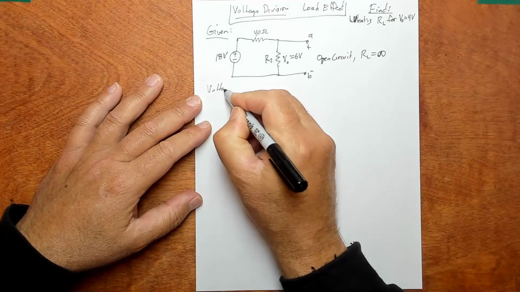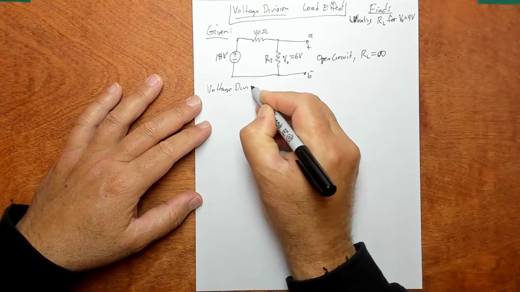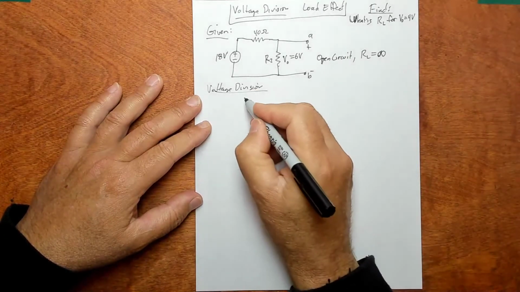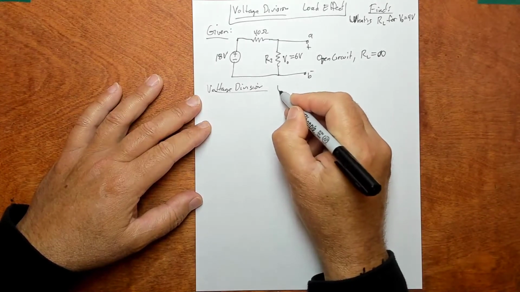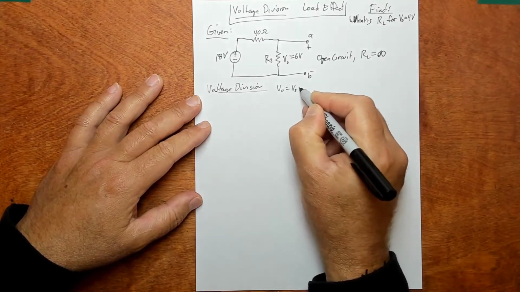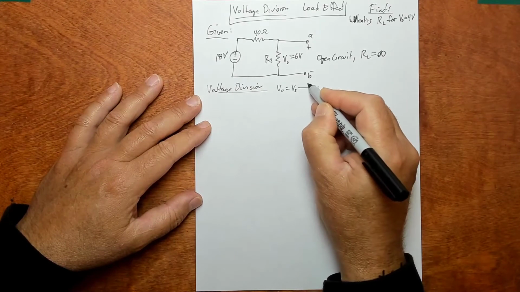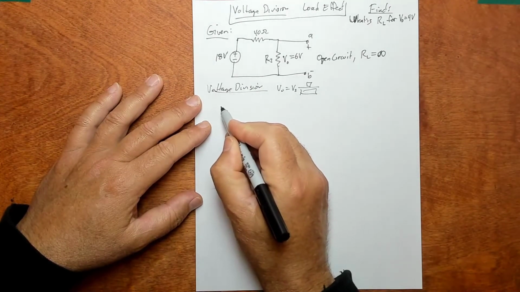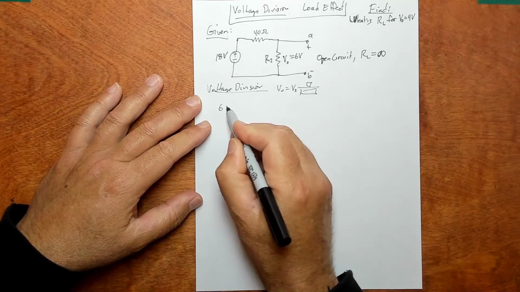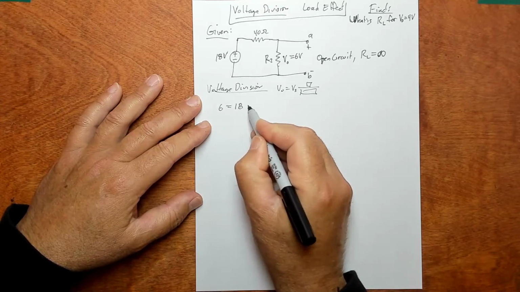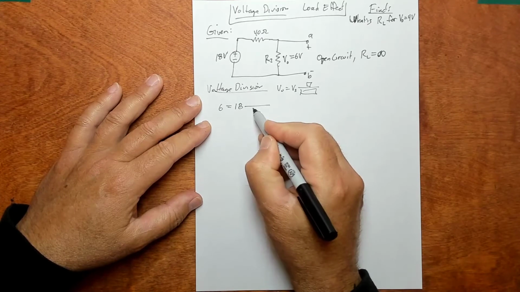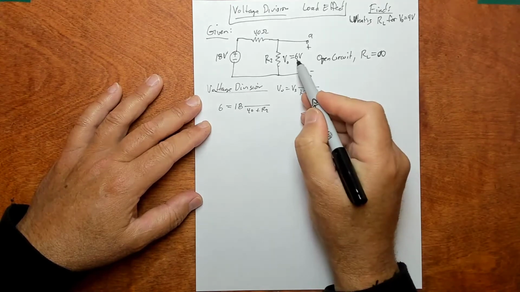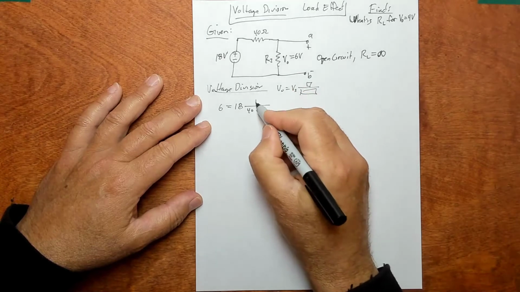Okay, so with voltage division we can get R2. The voltage division equation: V0 is the source voltage over the sum of the resistors, with the adjacent resistor on top. So 6 is given by this 18 volts being dropped over 40 plus R2, and on the top you put R2, right?